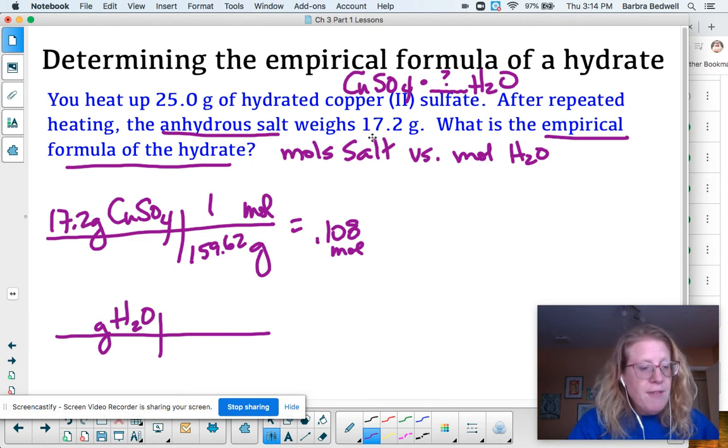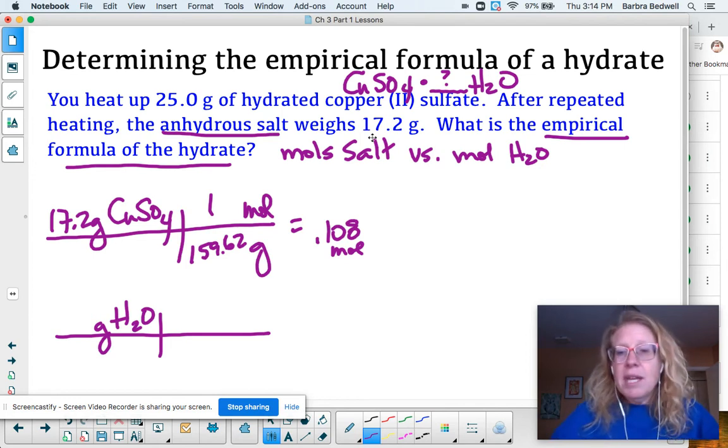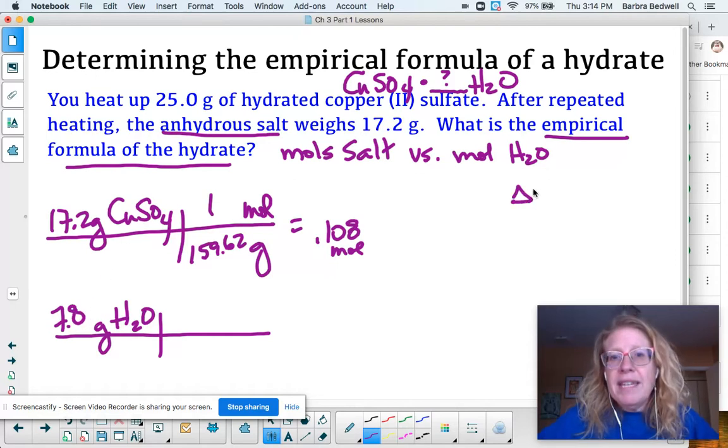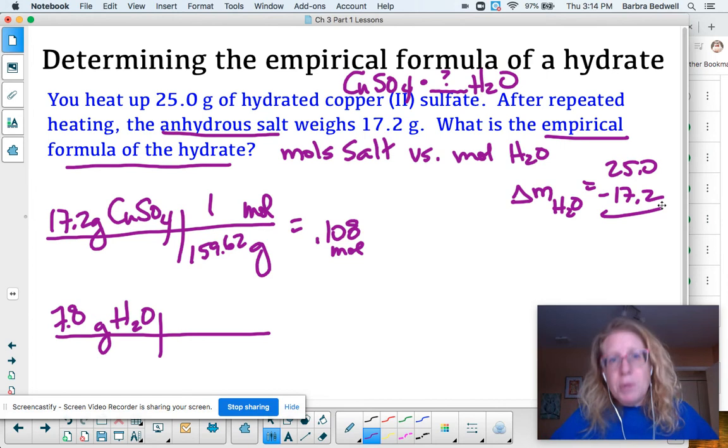So 25 grams of salt plus water minus 17.2 grams of salt gives us a remaining mass of 7.8 grams. And again, we're trying to find the delta mass in order to figure the H2O. That's what we're looking for. So it's going to be the 25.0 minus 17.2. That's what we were doing.